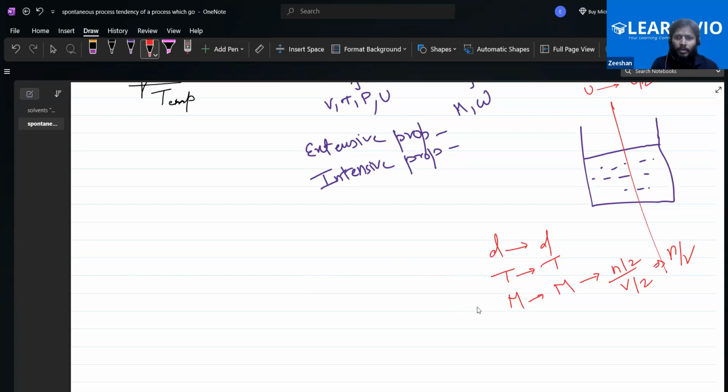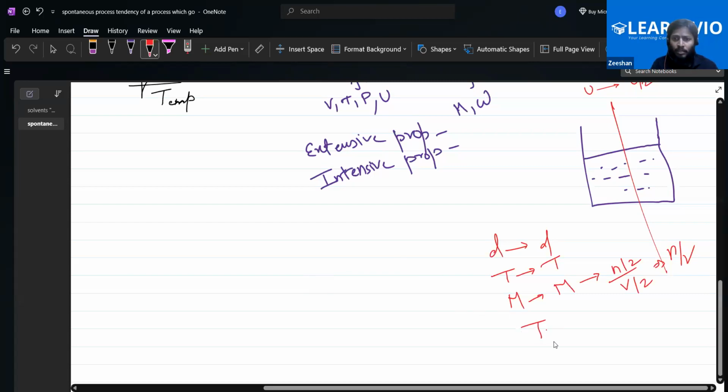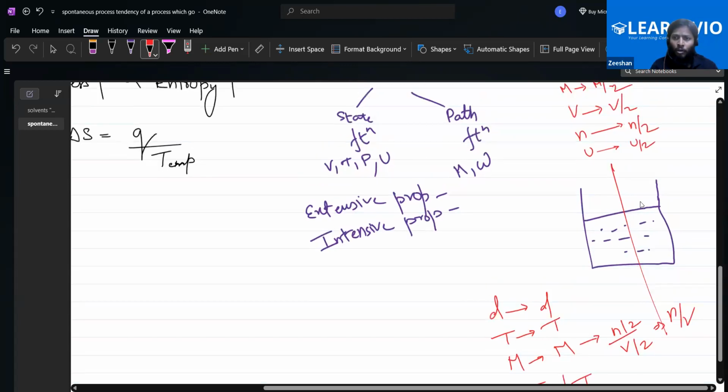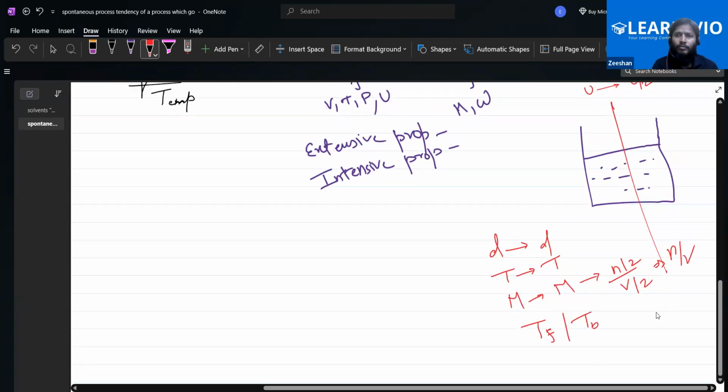Sabiha, tell me, does the freezing temperature decrease or increase? Freezing temperature or boiling temperature, if you cut this solution into half, what do you think? Let's give you an example with ice cream only.